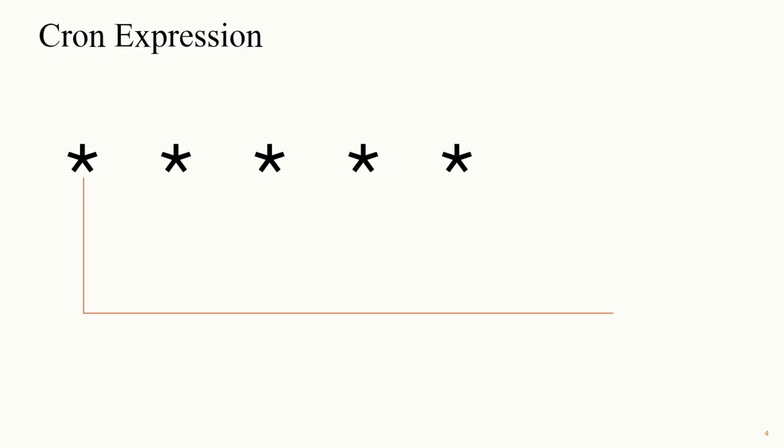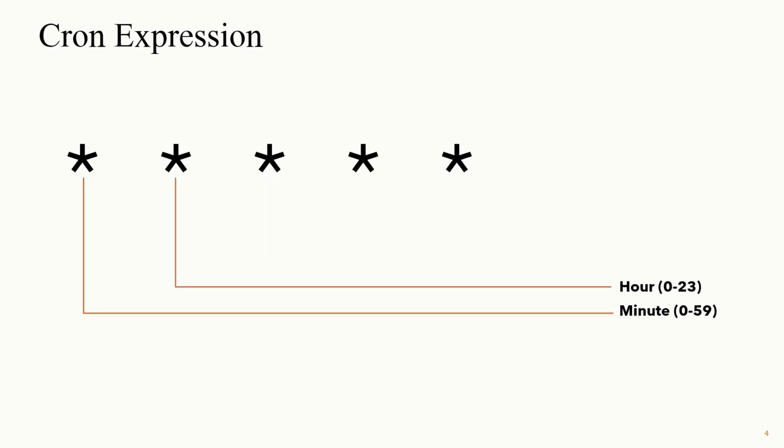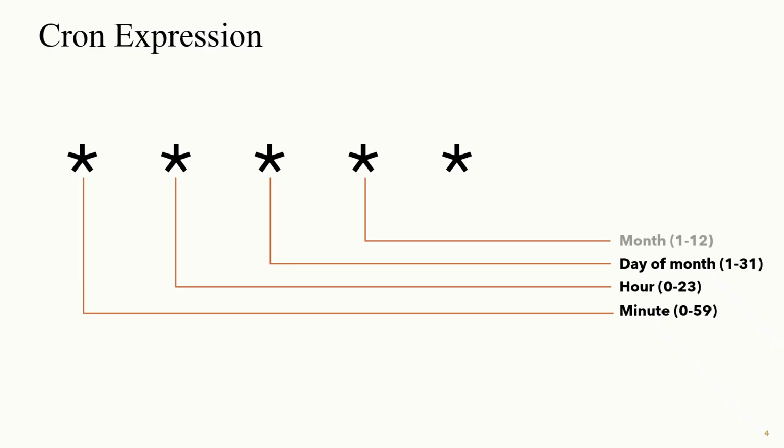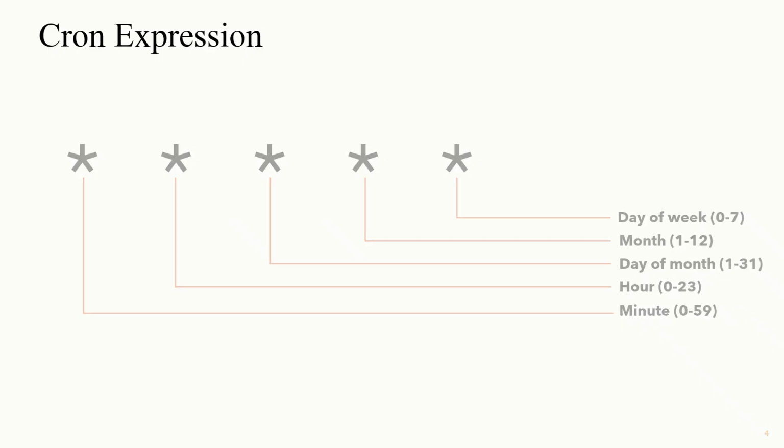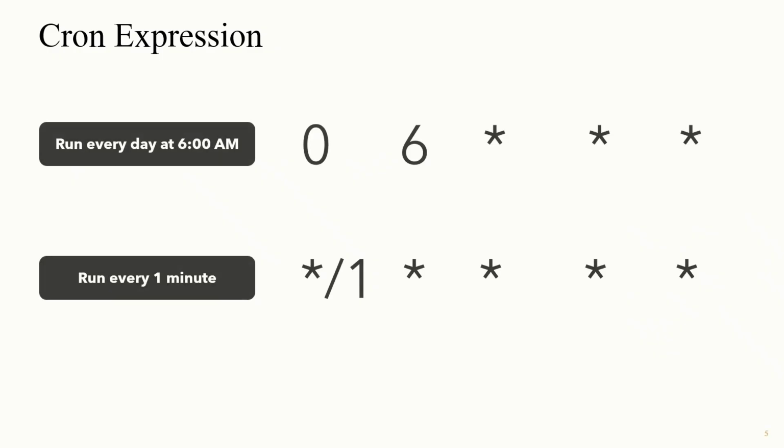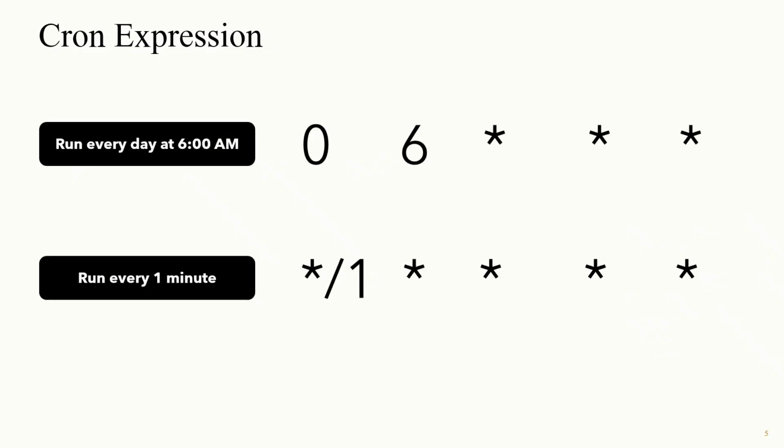So, first asterisk is minute, second is hour, third is day of month, fourth is month, and fifth is day of the week. For example, if I have to run a DAG every day at 6 am, then the cron expression should look like 0, 6 and 3 times asterisk.